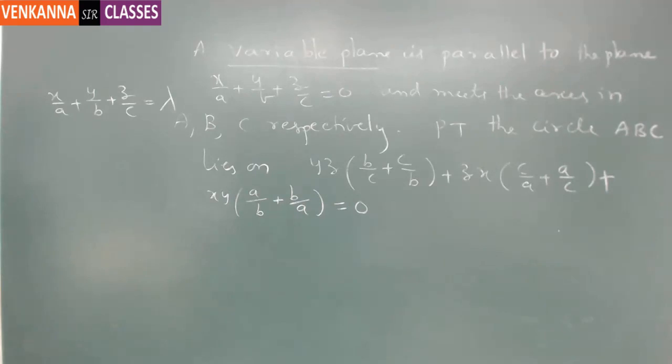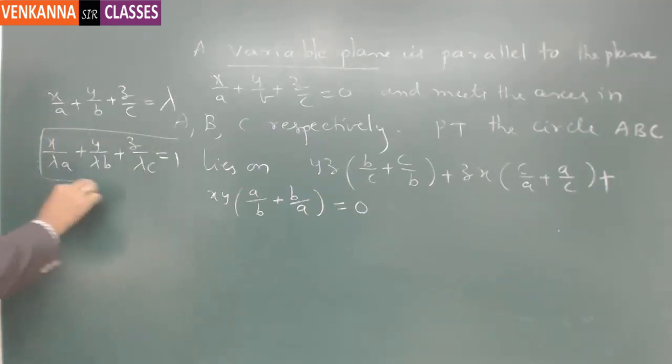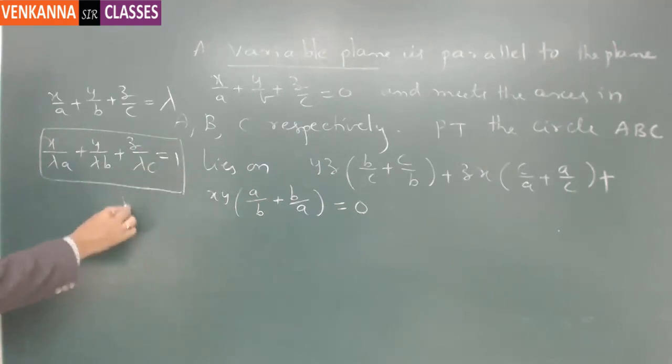So if you convert that into intercept form, by dividing with lambda, it is x by lambda a plus y by lambda b plus z by lambda c is equal to 1. So this is the intercept form of the variable plane.